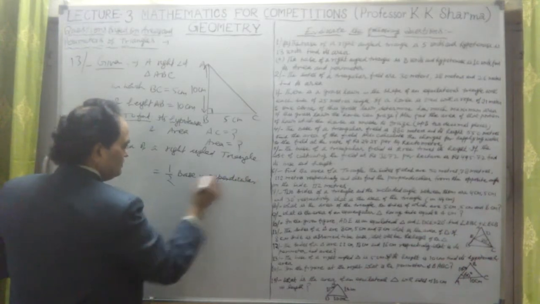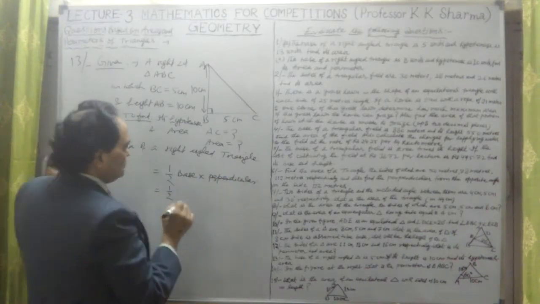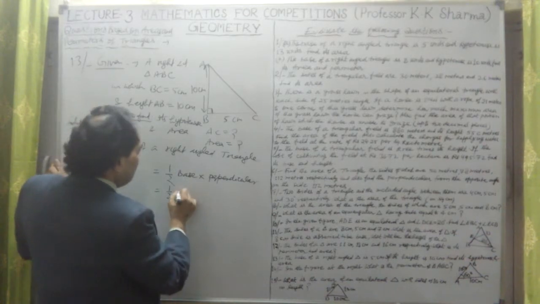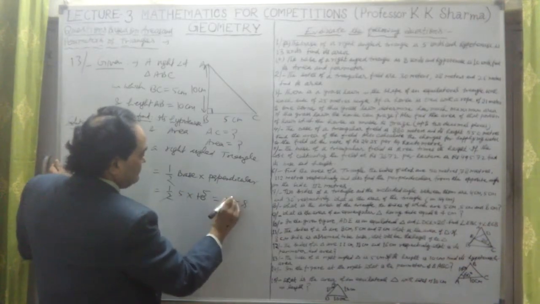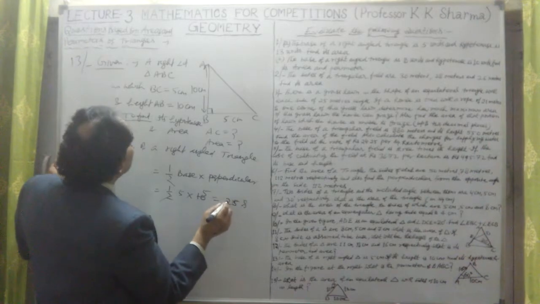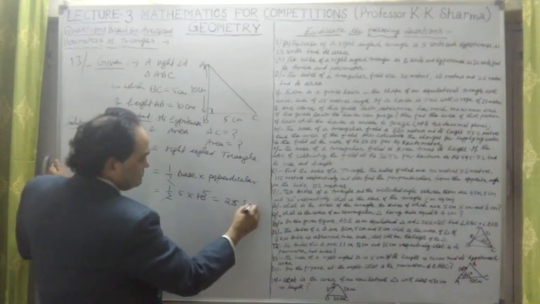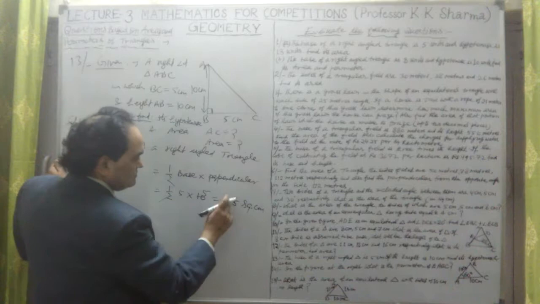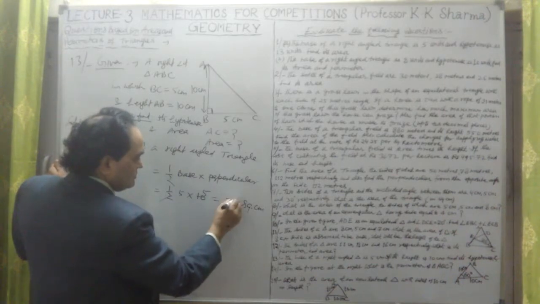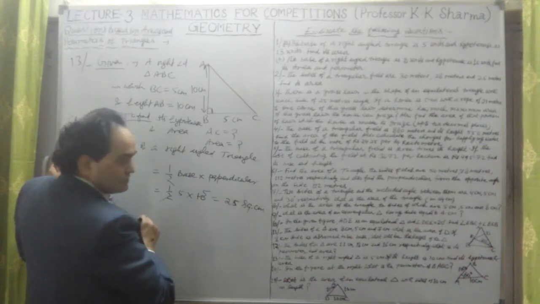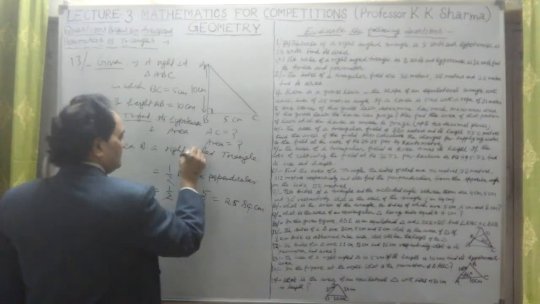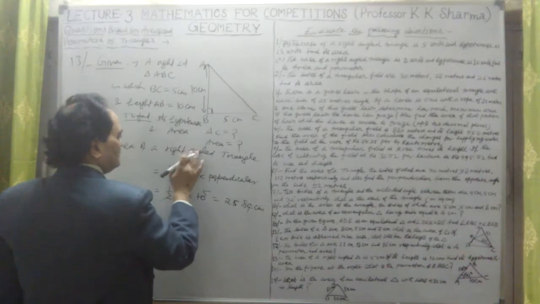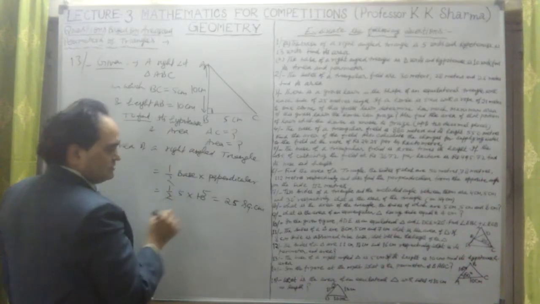Base is here 5 into 10. 2 5s are 10. This is 25 square centimeter. This is the area here. Area of a right angled triangle.